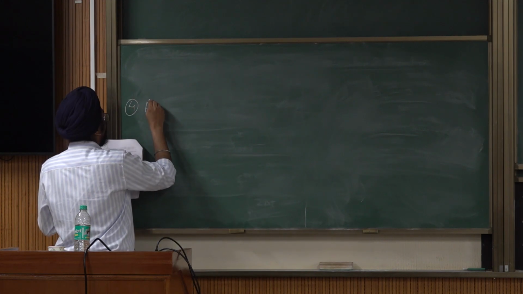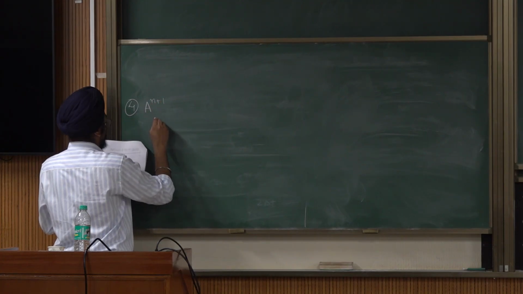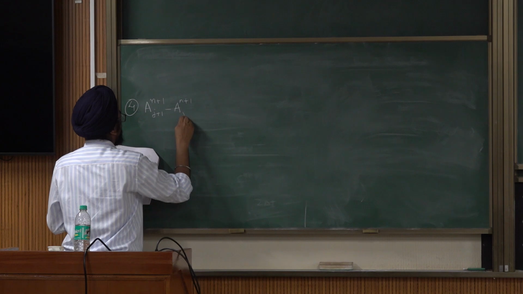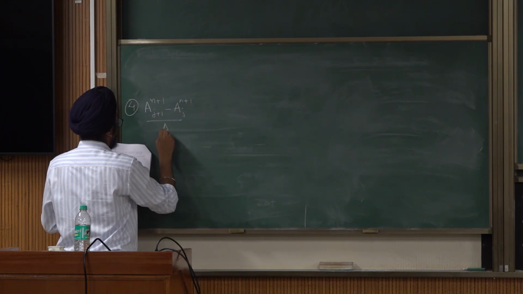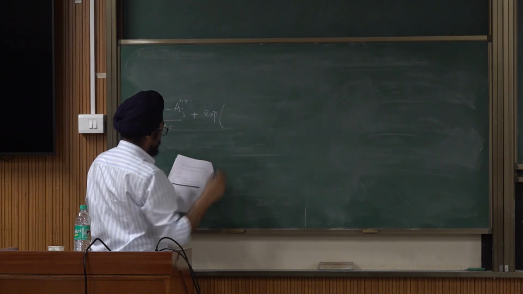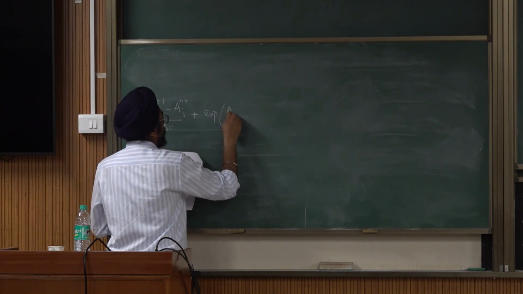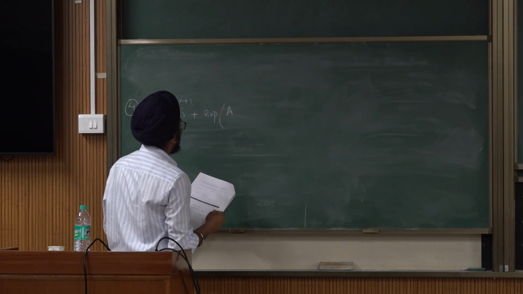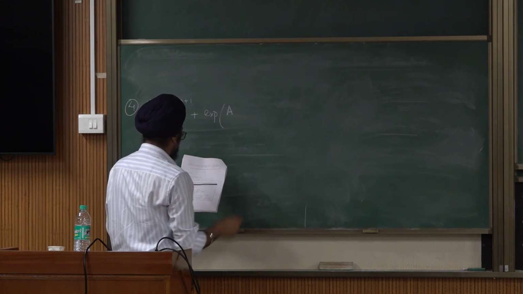Capital A n plus 1 j plus 1 minus A n plus 1 j by delta r plus exponential, because there's that extra term which is over there. The first term is simple, that is just del r by del r of log of a, which is just a.